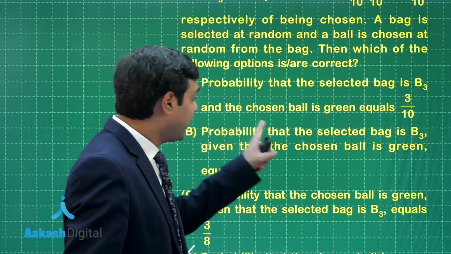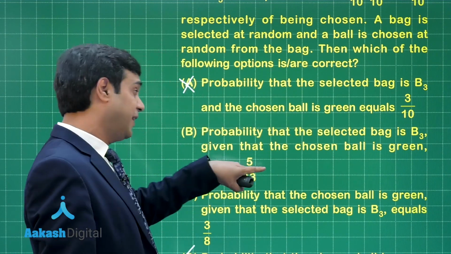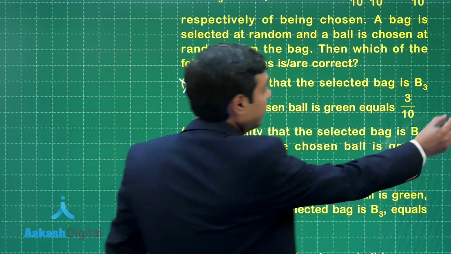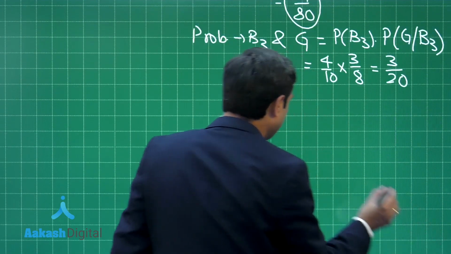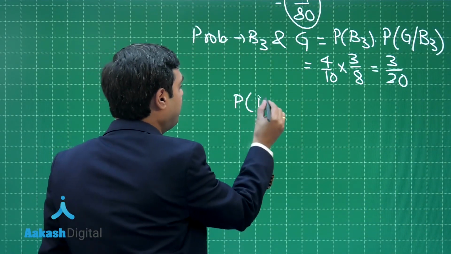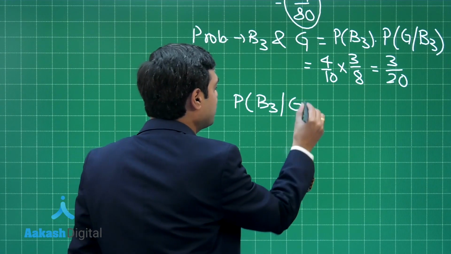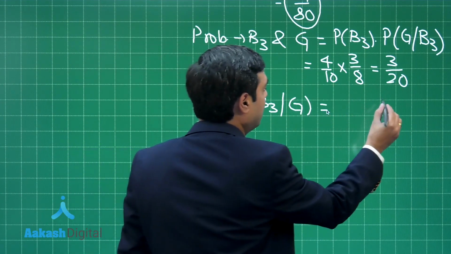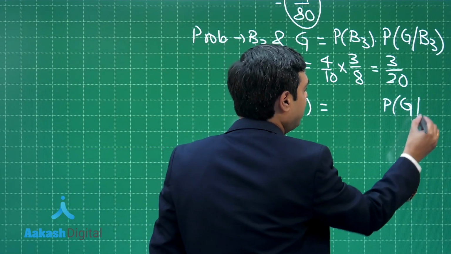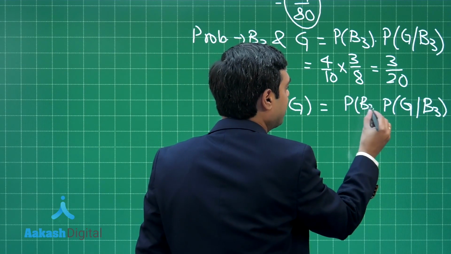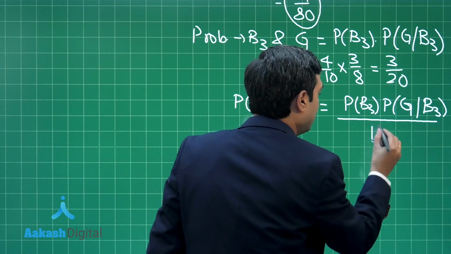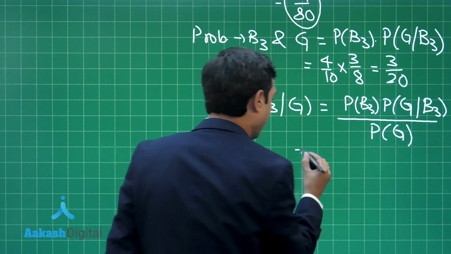Next, probability that the selected bag is B3 given that the chosen ball is green. So it is given that the chosen ball is green, right? So probability of B3 given that the chosen ball is green is equal to probability of green from B3 while bag B3 is being selected, divided by total probability of getting a green ball.